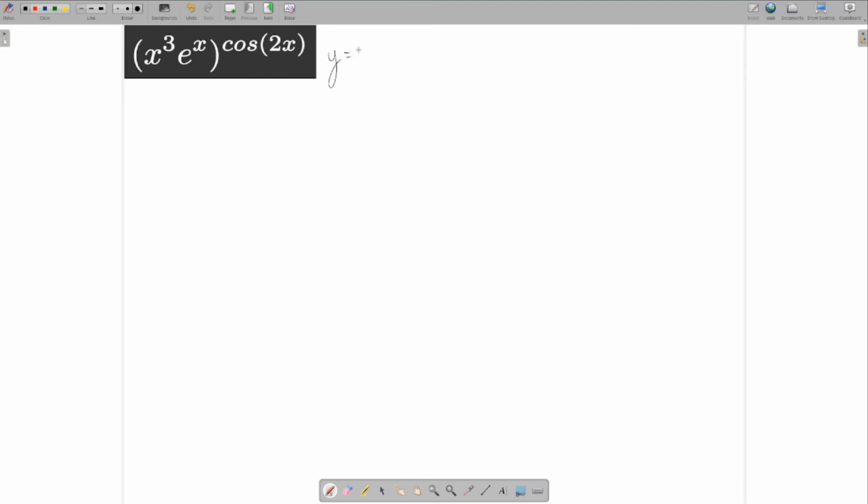Y equals x cubed e to the x times cosine 2x, and then we can take the natural log of both sides. Natural log of y equals natural log of x cubed e to the x cosine 2x.